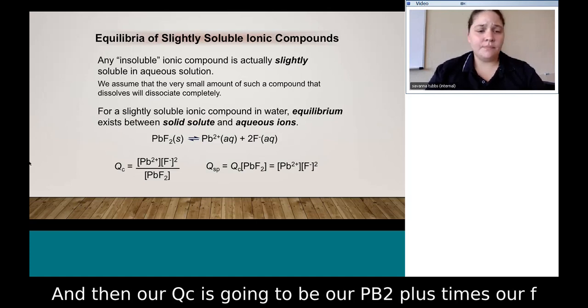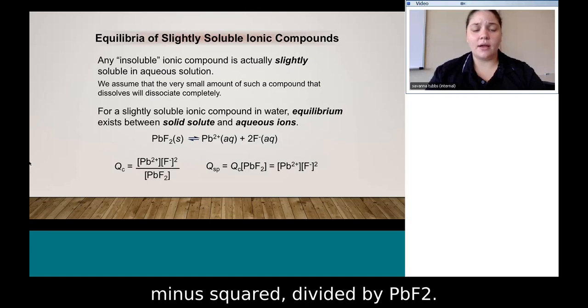And then our Qc is going to be our Pb²⁺ times our F⁻ squared divided by PbF2.